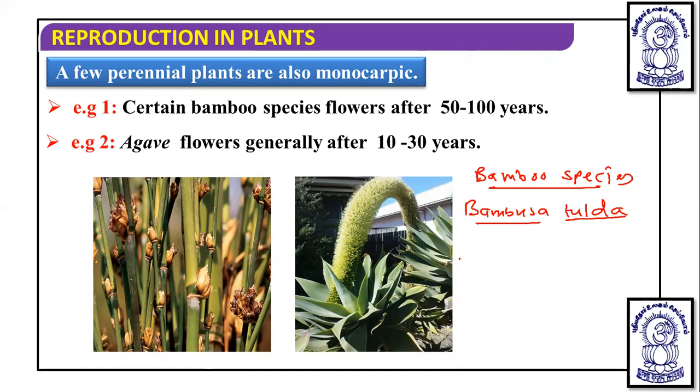And apart from this, another is Melocanna baccifera. So Melocanna baccifera is another bamboo species, and this bamboo species flowers at the end of 50 to 100 years, means they live vegetatively for 50 to 100 years.